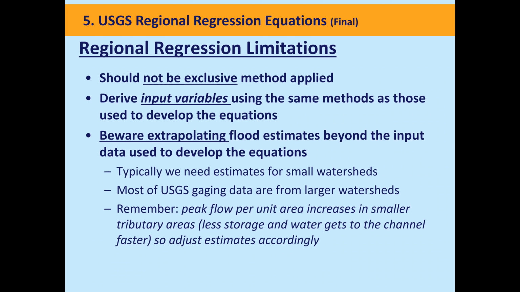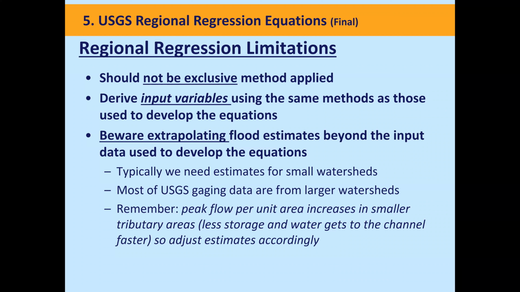And then just beware of extrapolating those flood estimates beyond the input data used. So if you're working on a really small watershed and it's smaller than any of the gauges that were used to build those regression equations, be aware that your estimates might be way off. And generally the USGS gauges are on slightly larger watersheds, so they may not be very representative of the stream you're looking at.